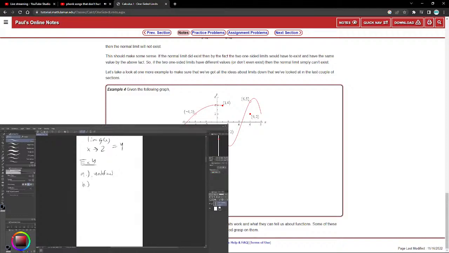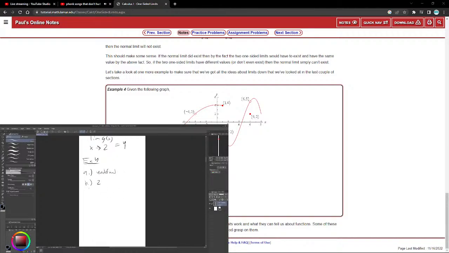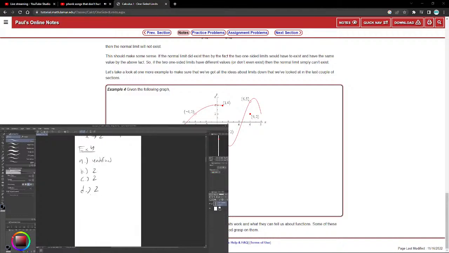B. The limit of f of x as x approaches negative 4 from the left. It's approaching 2. F of x as x approaches negative 4 from the right, also approaching 2. F of x as x approaches negative 4, it's 2. E. F of 1.